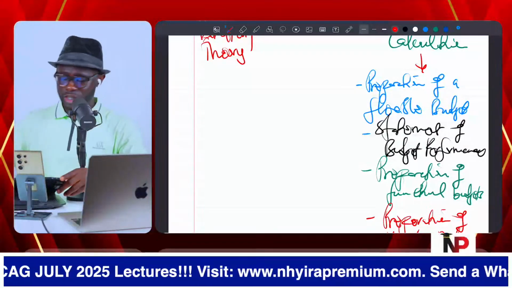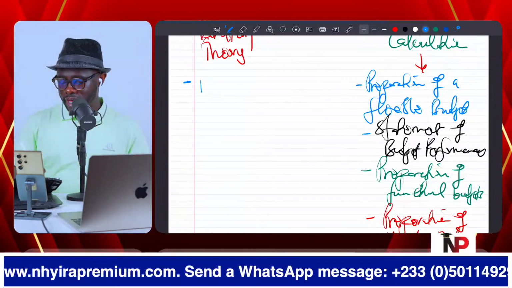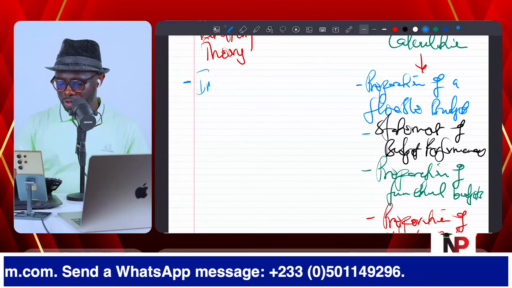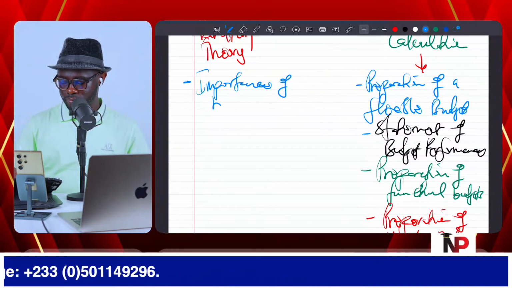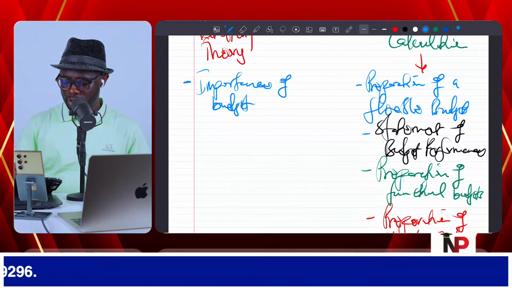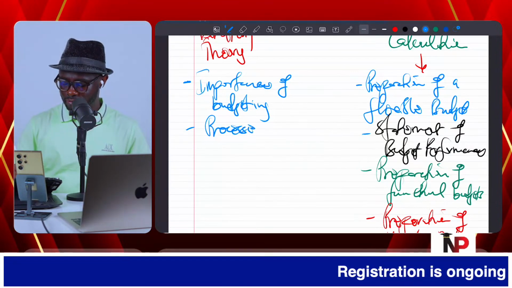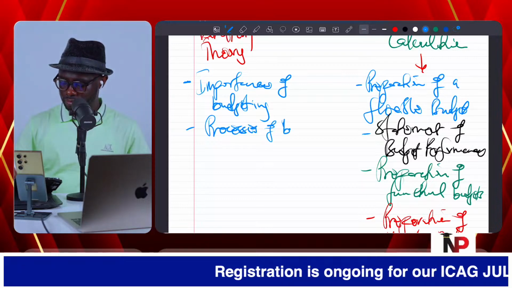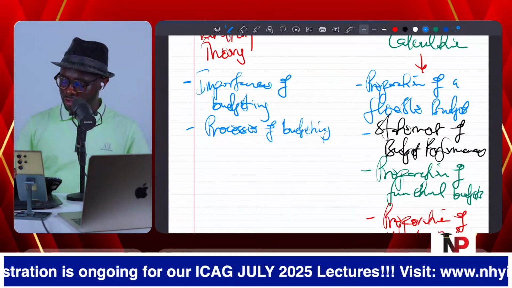In addition to these calculations, there are a couple of theories we need to be mindful of. These include the importance or objectives of budgeting, the processes of budgeting, and the methods of budgeting.